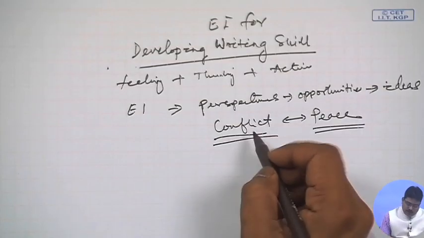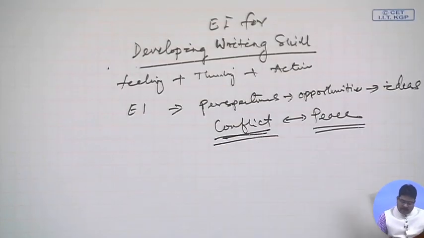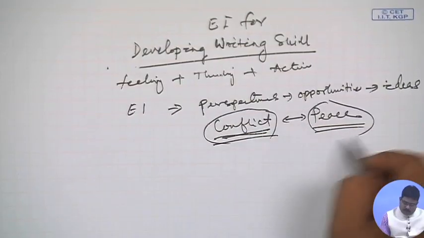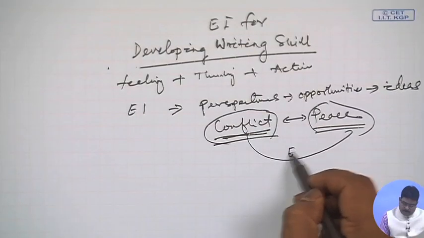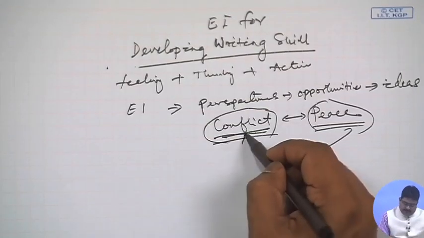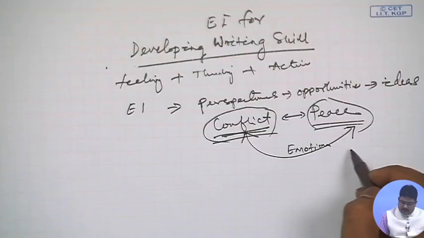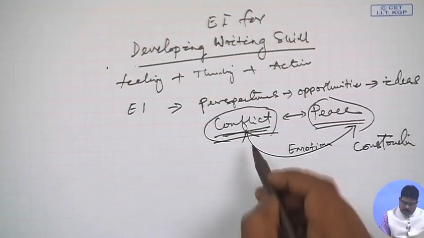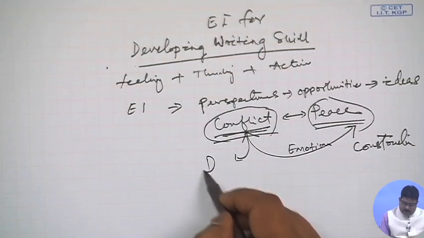So then through emotional intelligence we analyze this. So both are the product of emotion. So one is destructive emotion, one is constructive. This is constructive and this is destructive.